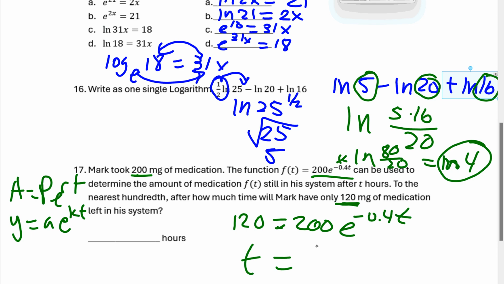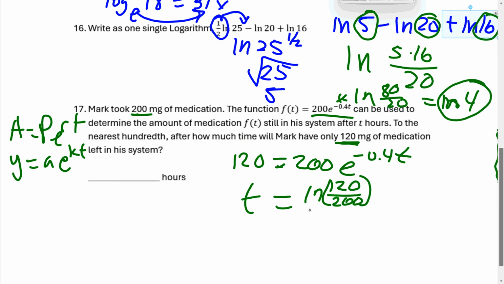So that means I'm going to divide 120 by 200, and then I'm going to take the ln of both sides, and then I'm going to divide by my k. So I'm going to type that into my calculator and see what I get.